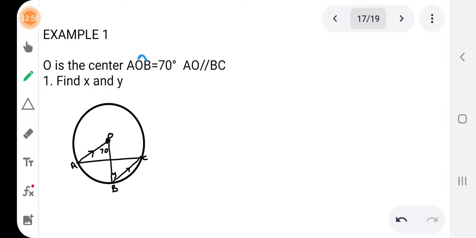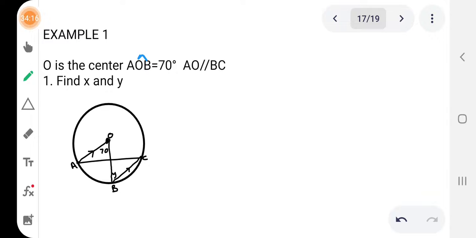They further give us that AO is parallel to BC. So when you approach a circle, you read the statement. In the statement, you are given what you are going to use to find X and Y.